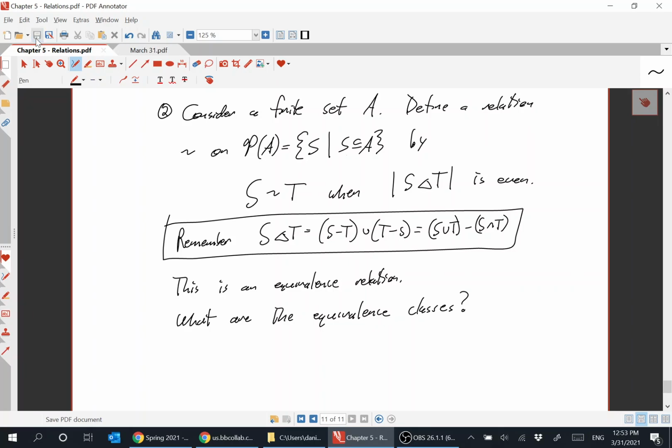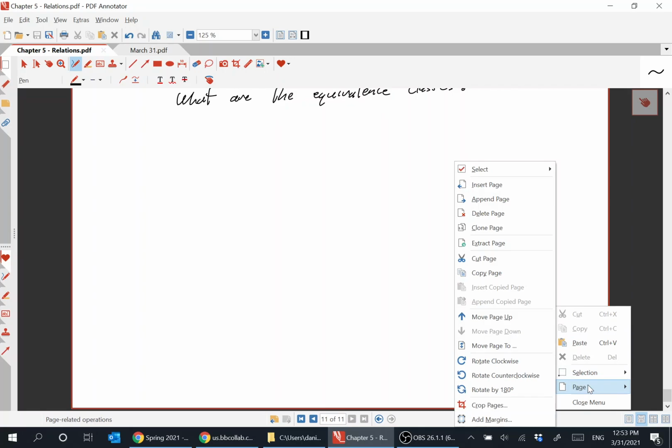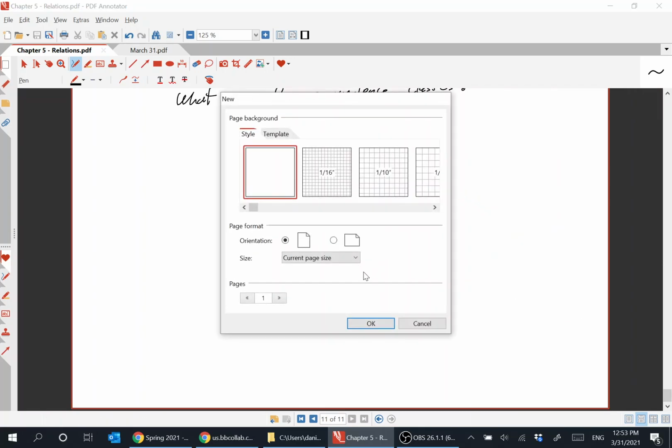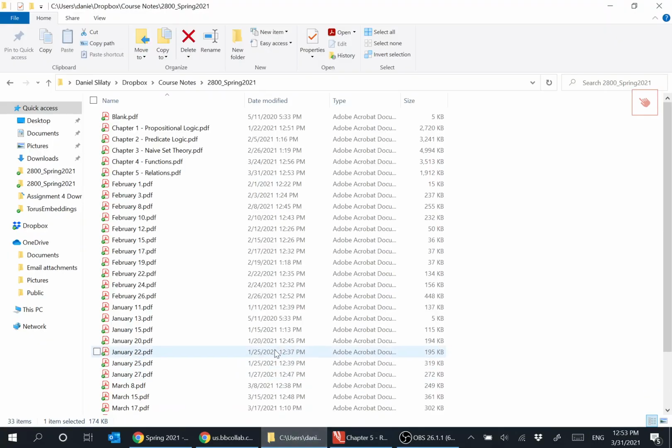All right. So on to the second part, third part, I guess, of the chapter. You know what? Why don't I start a new file, instead of always making them one file?